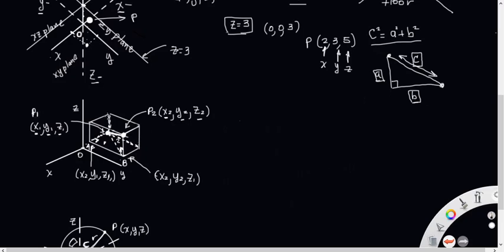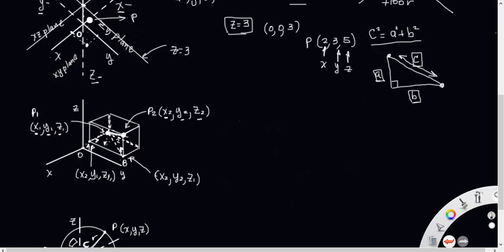The first thing, I draw this little rectangular prism just to show that we have projections of two triangles here. So I draw here this little point A, and we have this little point B, and this is P1.